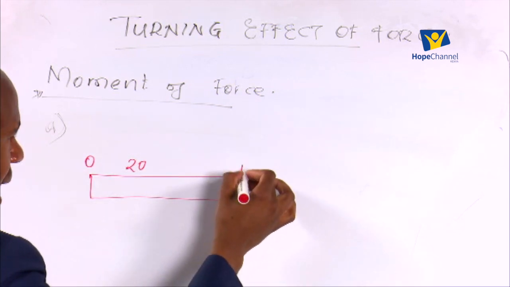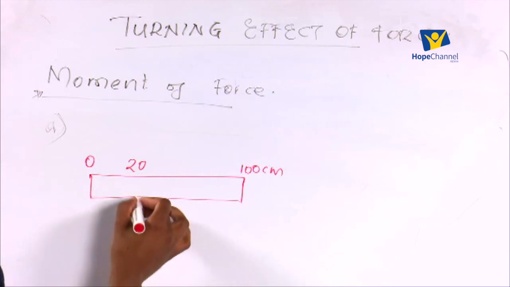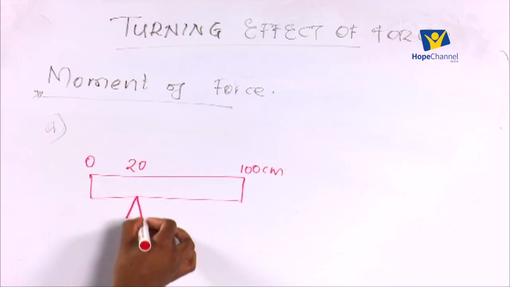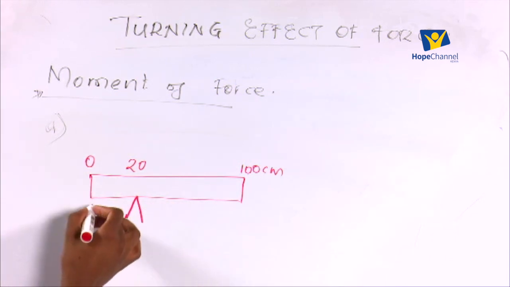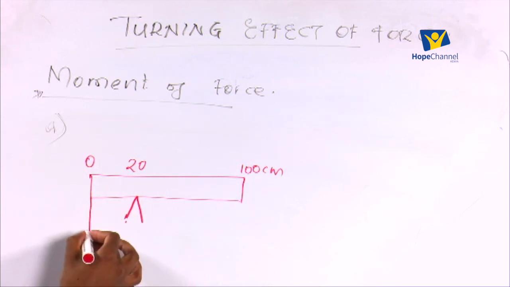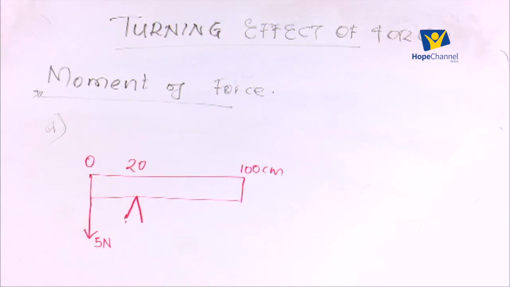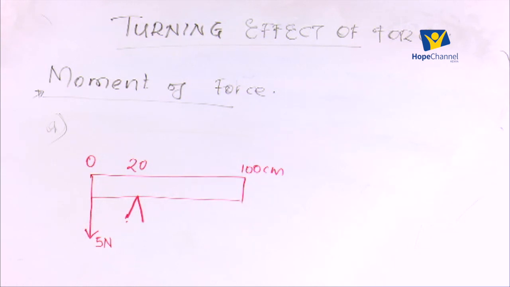Let this be 100 centimeters, so the pivot is at 20 centimeters. Then we are told that there is a force exerted at the 0, and let that force be 5 newtons. We need to get the moment due to that force of 5 newtons, which is acting at the 0 centimeters mark.